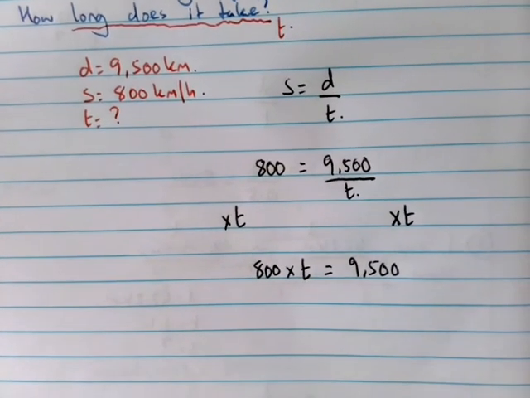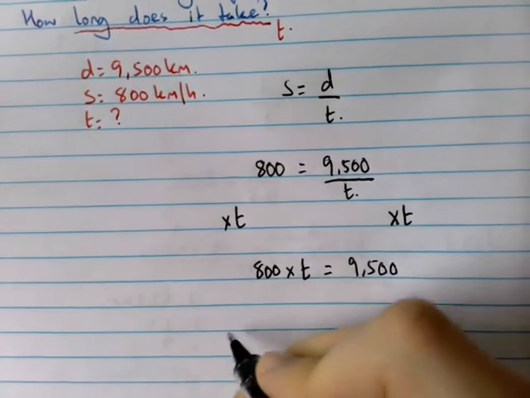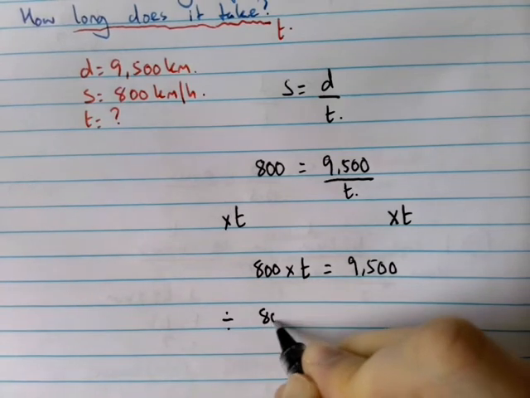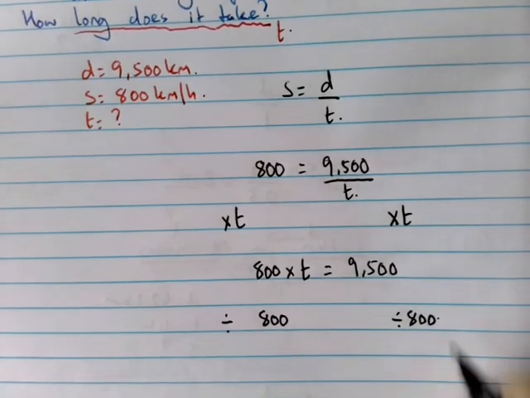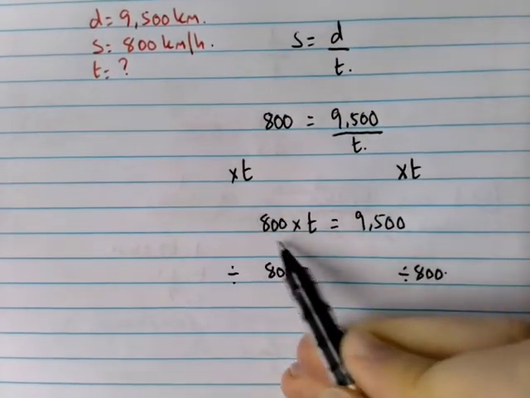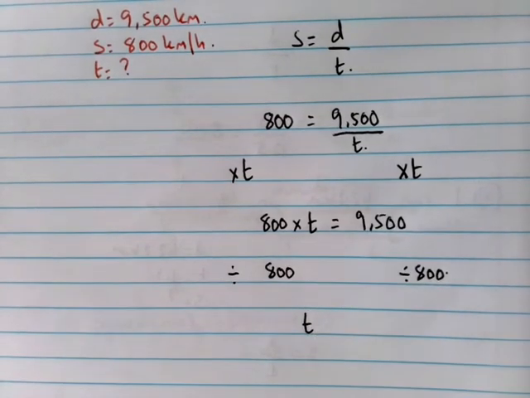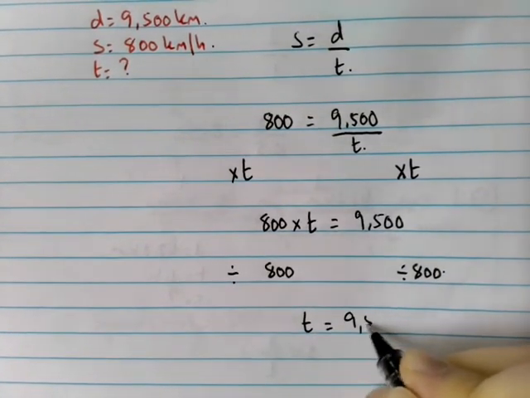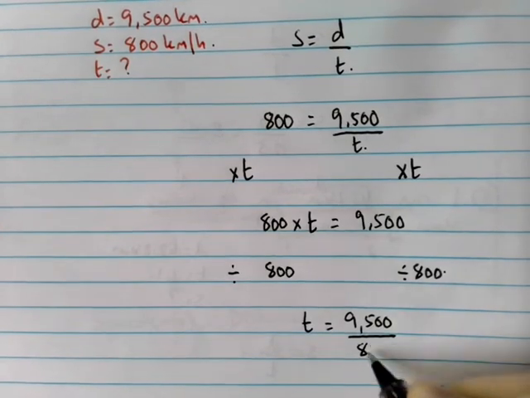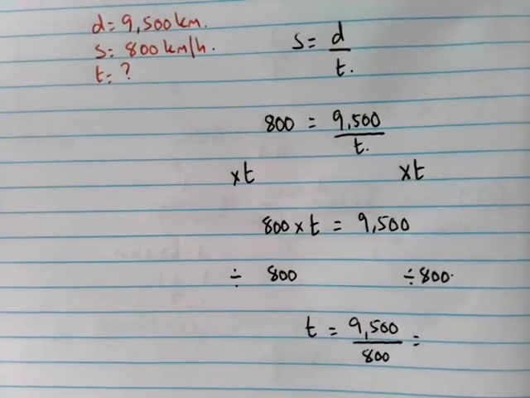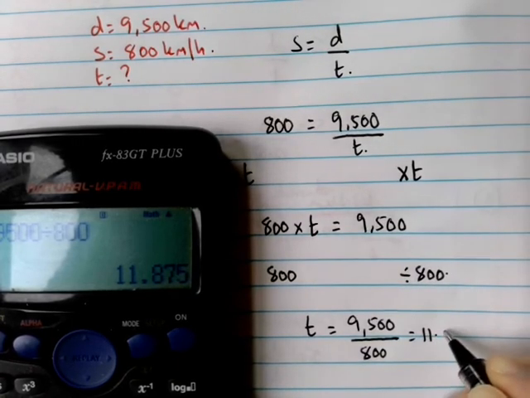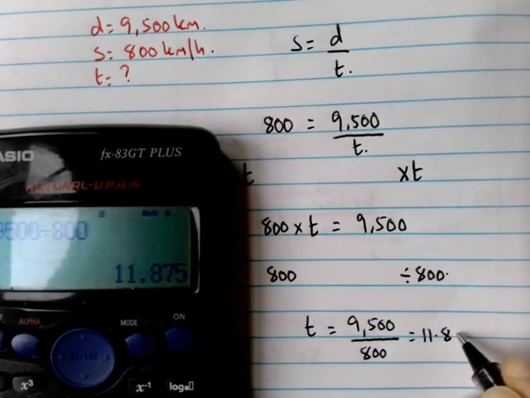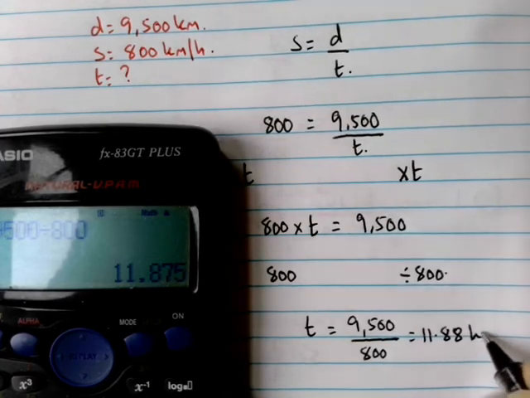All right, and now in order to get t by itself, I'm going to divide both sides by 800. Divide that side by 800, and I'm going to divide this side by 800. If I have this and I divide it by 800, I'm left with just t, and then this is going to be 9,500 divided by 800, which will give me 11.8, I'm going to round that up to 12 hours.